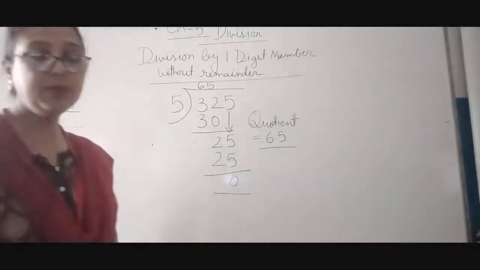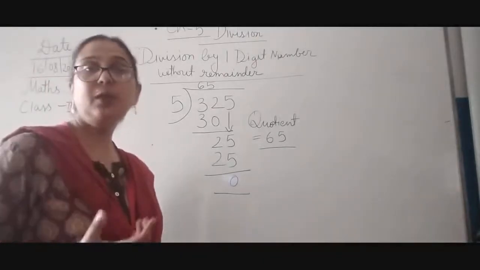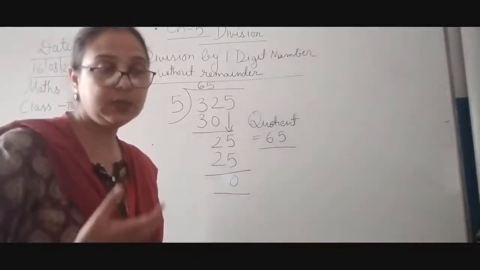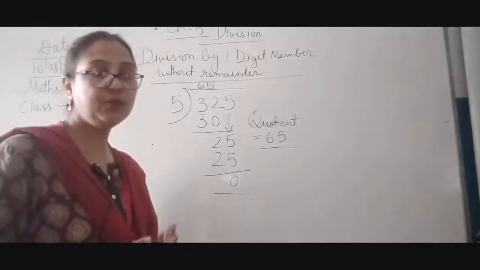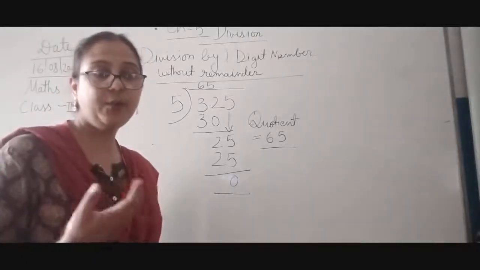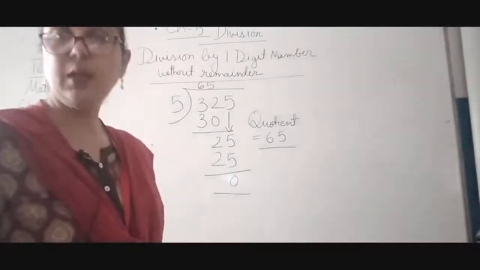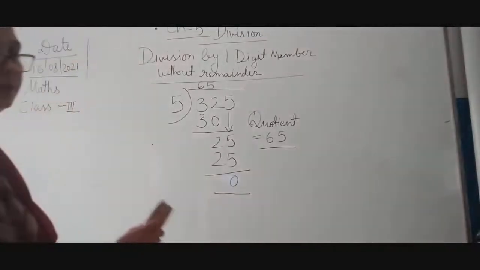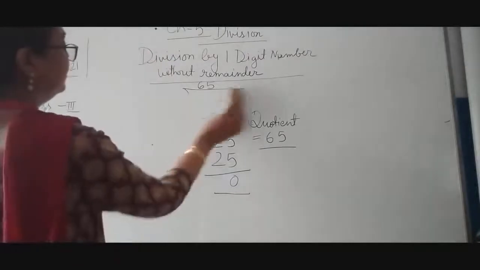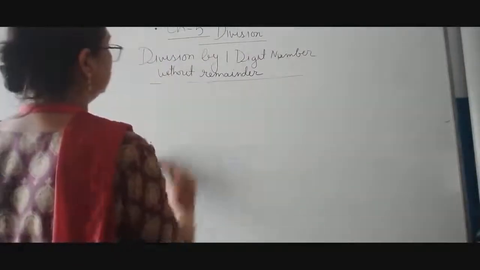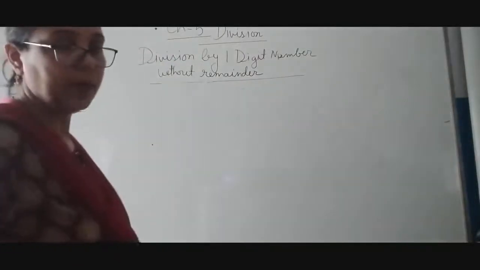So children, after this question we are going to start exercise number 5.4. How we start, that we are going to learn today. First of all, I am going to start this exercise.